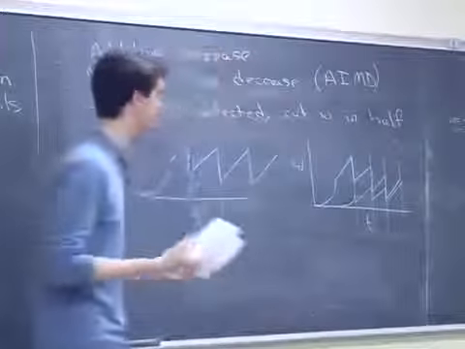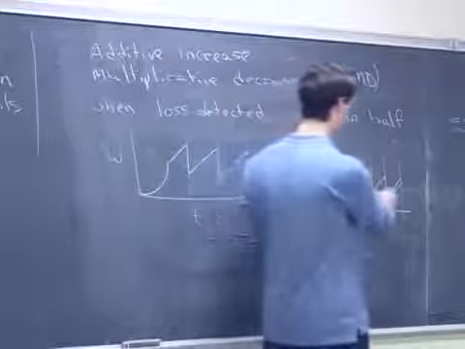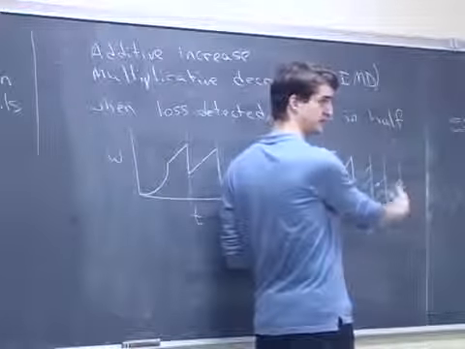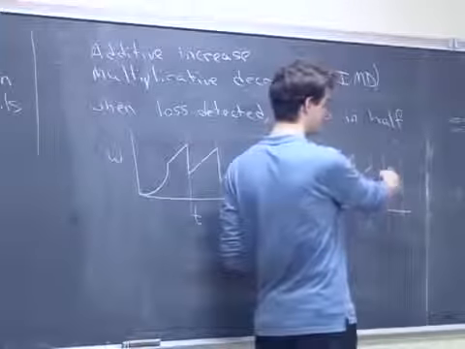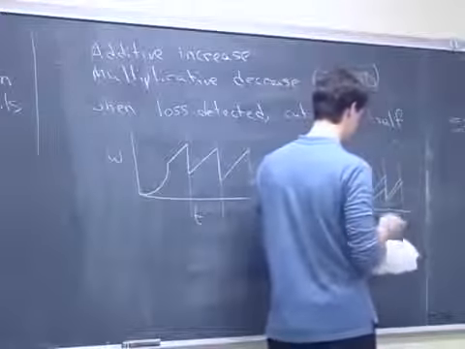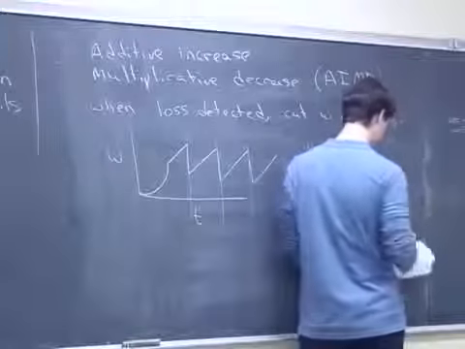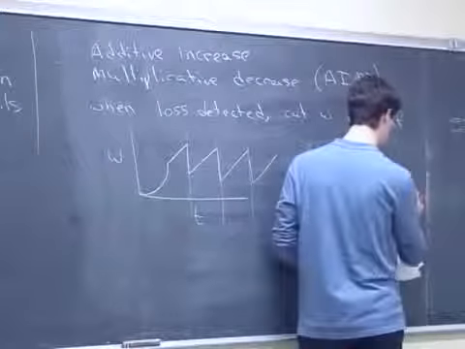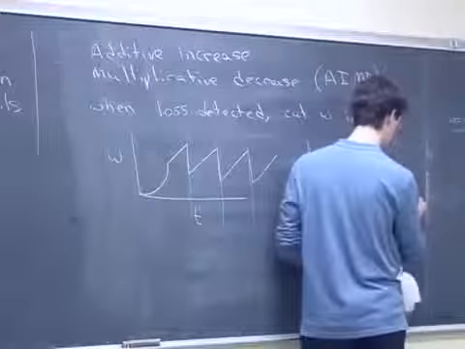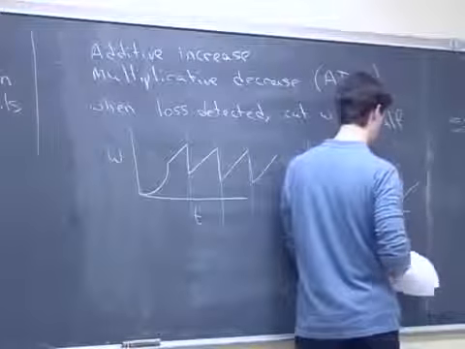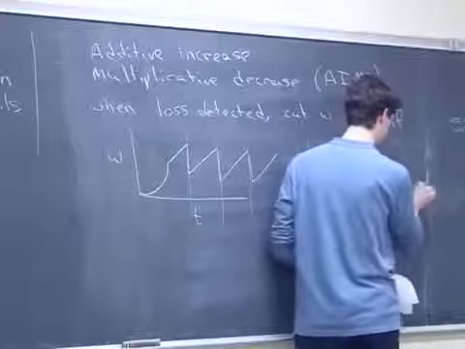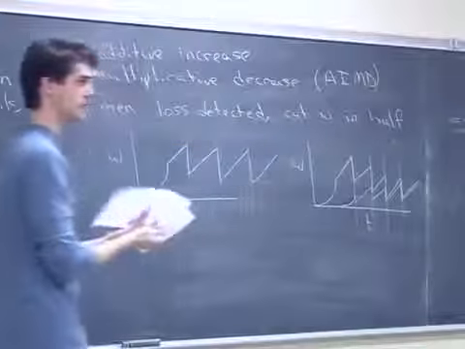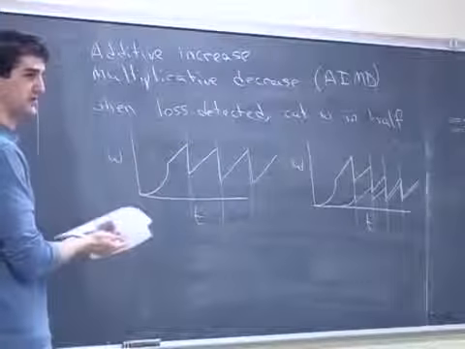Now they're totally synchronized in this case because I'm assuming that the losses are happening at the same time. All right, so that's why their sawtooths, at this step, pretty much overlap. All right, so it's something like this. And then from there on out, they'll get exactly the same amount of bandwidth.